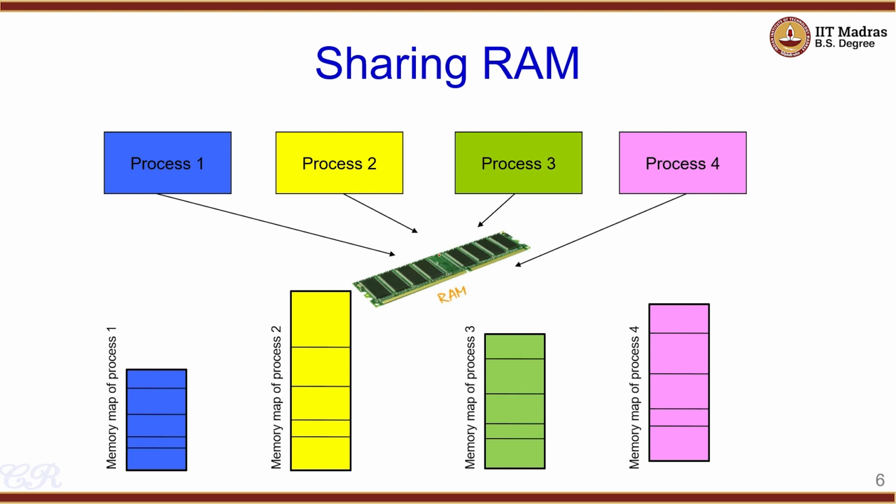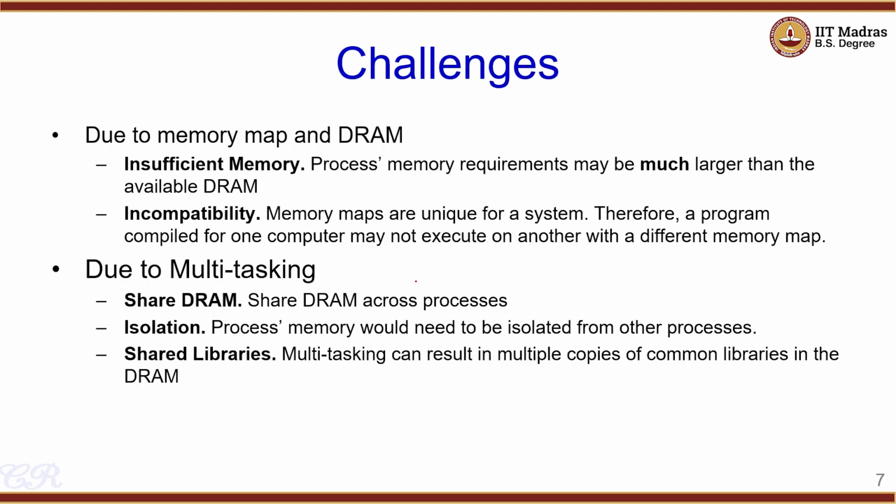It should be noted that each of these processes has its own memory map, like its own code, data, stack, and so on. Process 2 also has its code, data, stack, and process 3 and so on. Each of these is independent. Okay, and all these processes are sharing the DRAM that is available on the system. So what could go wrong in such a case?